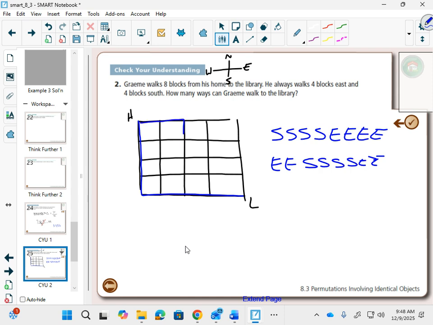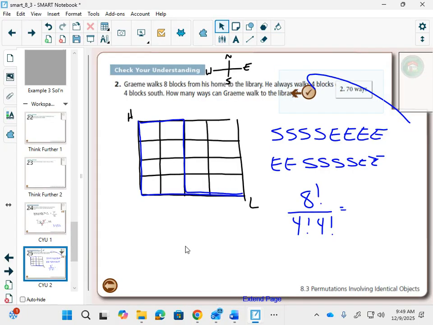East, east, south, south, south, south, east, east. That's a new route. And we see this is like a Mississippi question. Normally, if they were all different letters, it would be 8 factorial. But we have to divide by 4 factorial, 4 factorial to get our answer. Which happens to be, I'll take a peek. Oh, maybe I won't. 70.